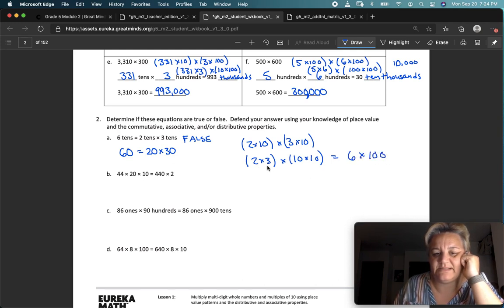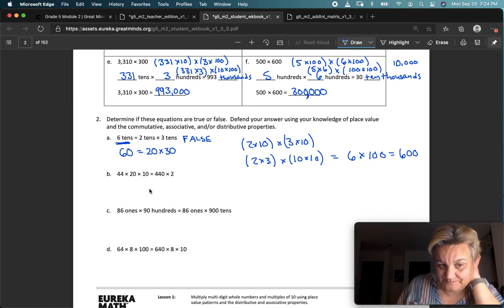Because 2 times 3 is 6, and 10 times 10 is 100. And 6 times 100 would be 600. But they said it was only 6/10s, right? 6/10s is not enough. It would have to be 60/10s or 600s. Okay, so that is false.